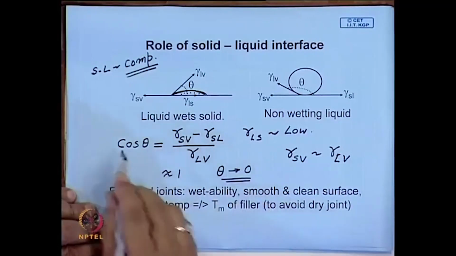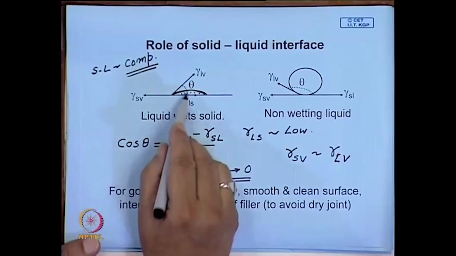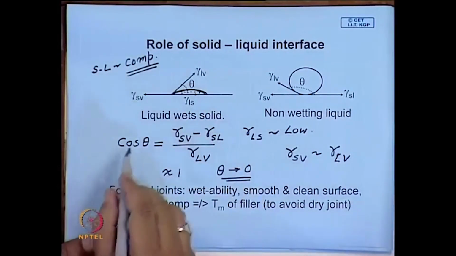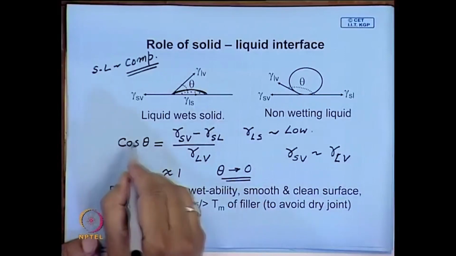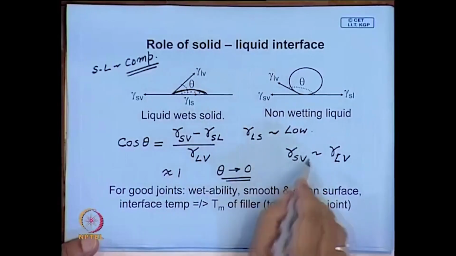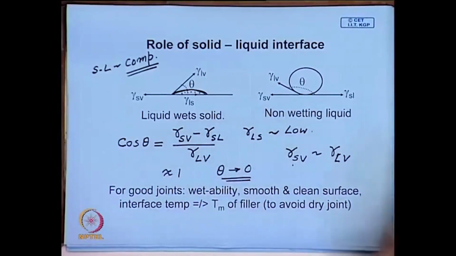So in welding, wetting is assured, whereas in other cases you have to select the metal that you join, and the choice of filler metal is also quite important. In this case, you have to select such a metal so that it wets the surface.